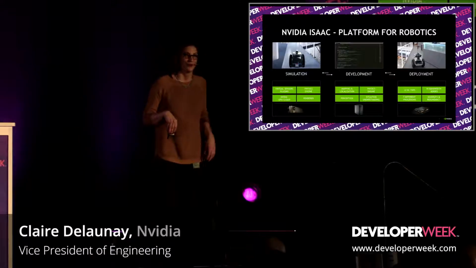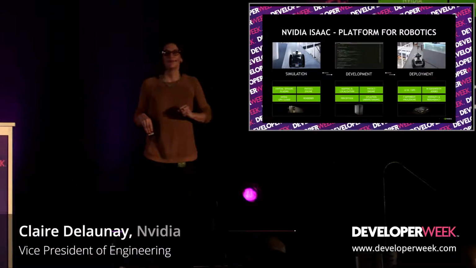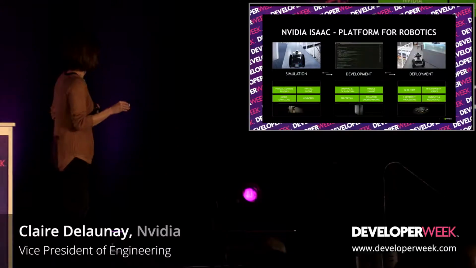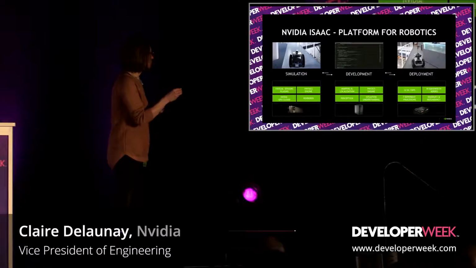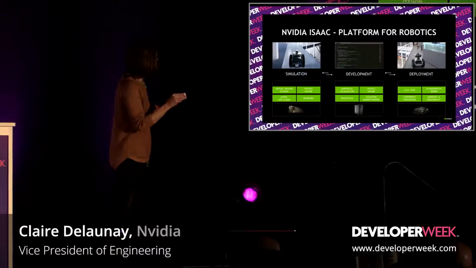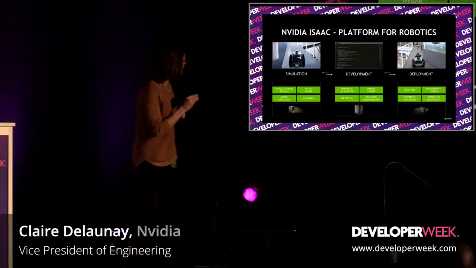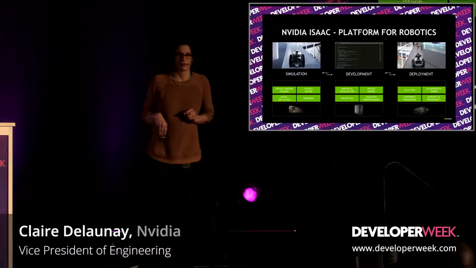But we will see later that we can also do machine learning using simulation. And so thanks to our toolbox, whatever you do in simulation, you prototype here on your desktop computer, and then when you're ready, you deploy it.